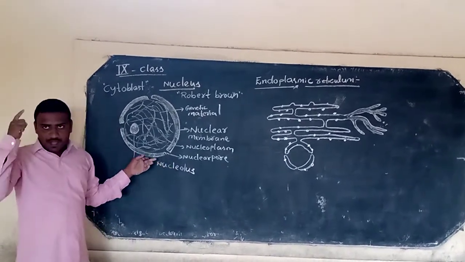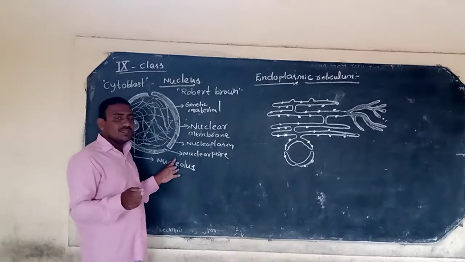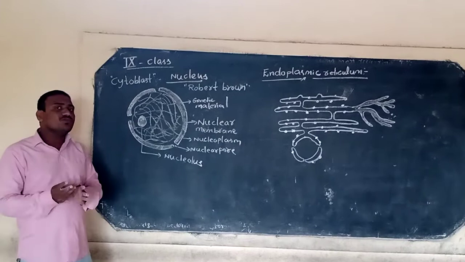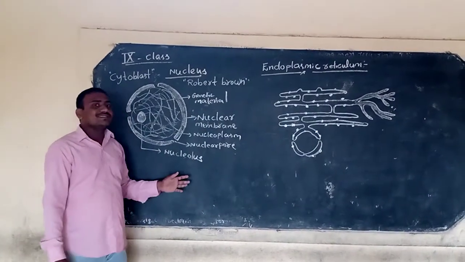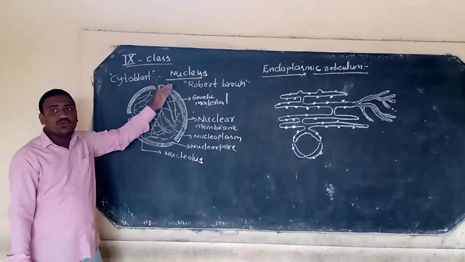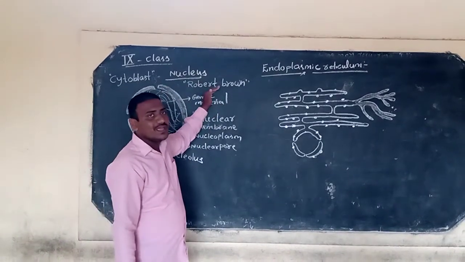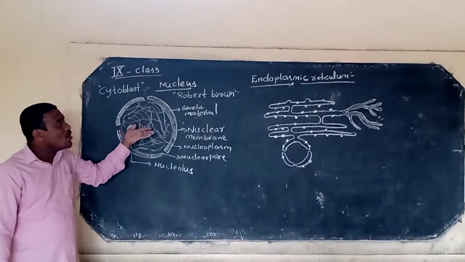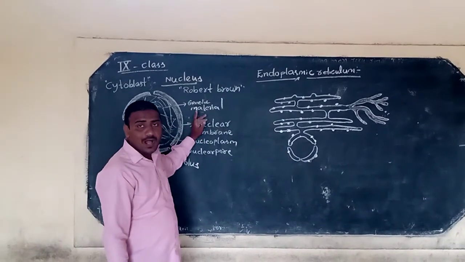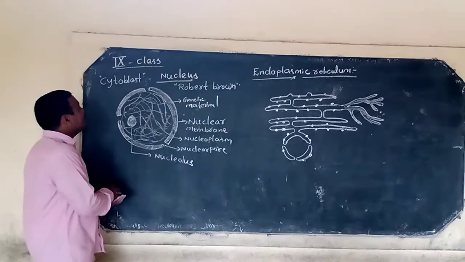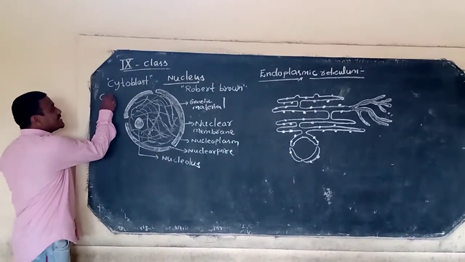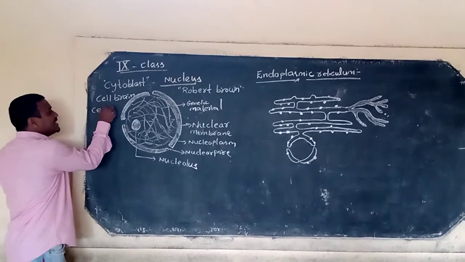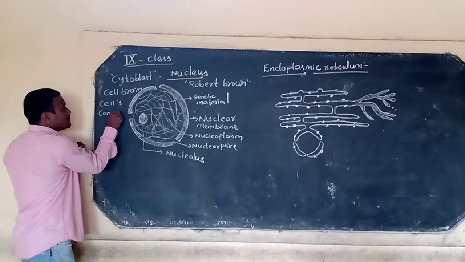If the brain is not there, our body functions are not coordinated properly. Similarly, if the nucleus is not there, the cell functions are not carried out in the cell properly. So the nucleus is also called the cell brain or the cell's control room.